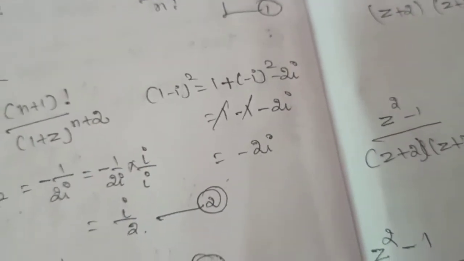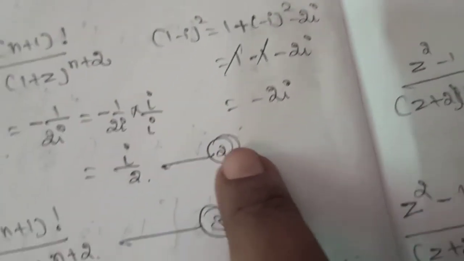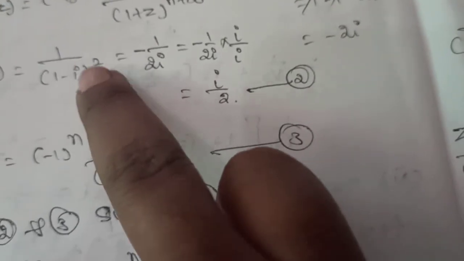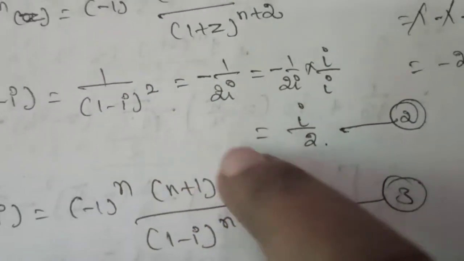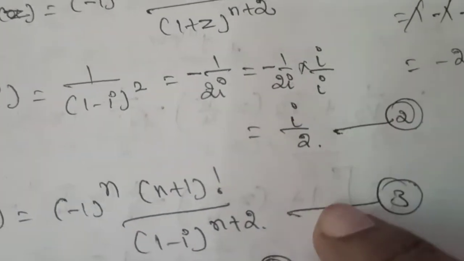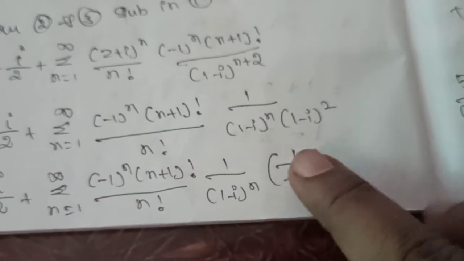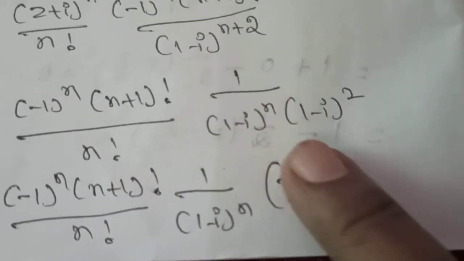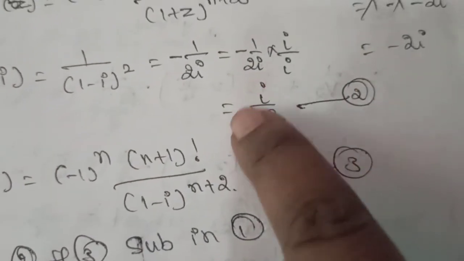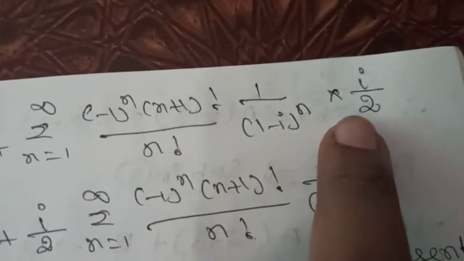What will become the value of (1 minus i) whole square? Minus 2i. We already worked out the reciprocal: 1 divided by (1 minus i) whole square is i divided by 2. So we can directly substitute: 1 divided by (1 minus i) to the power n into i divided by 2.